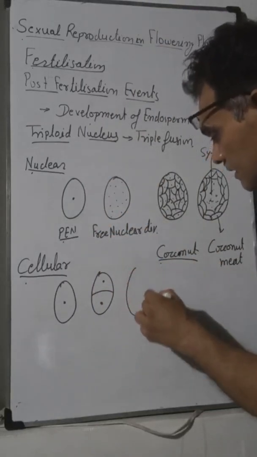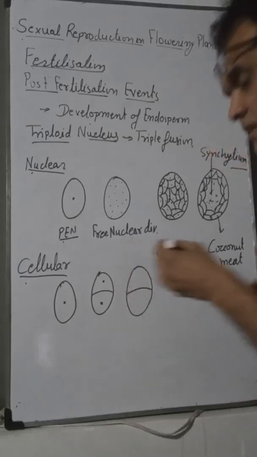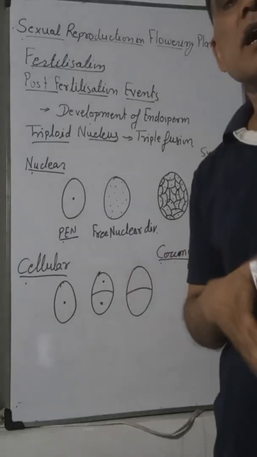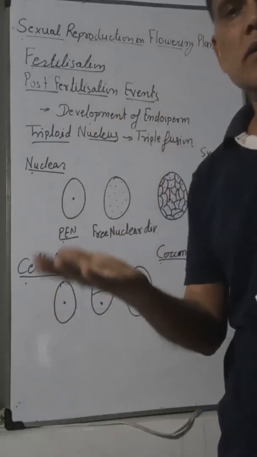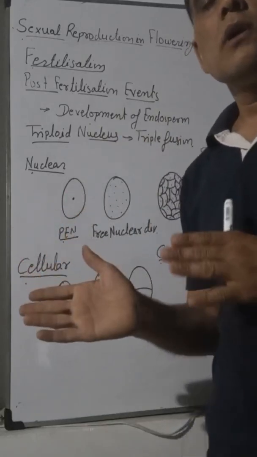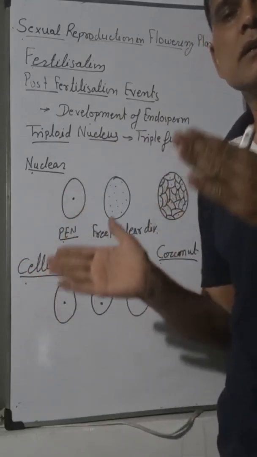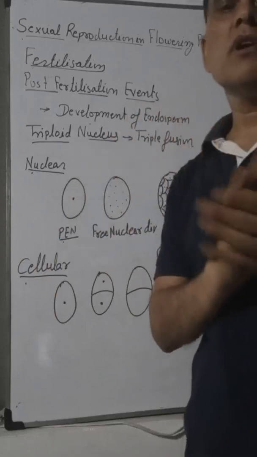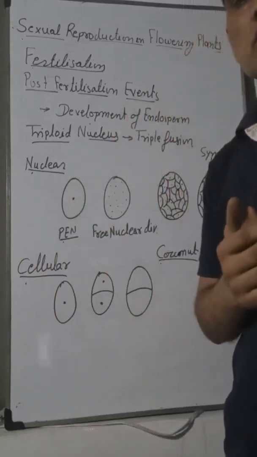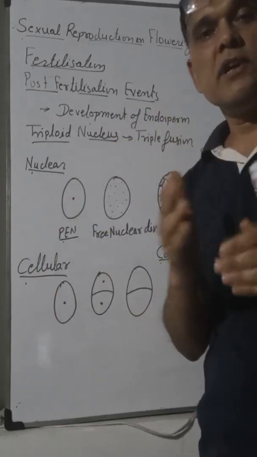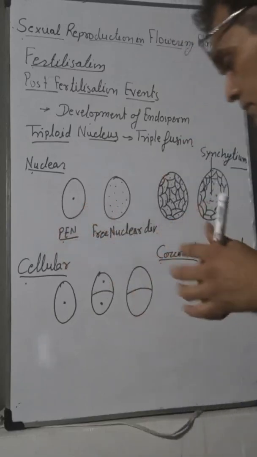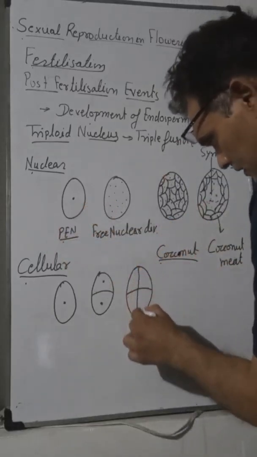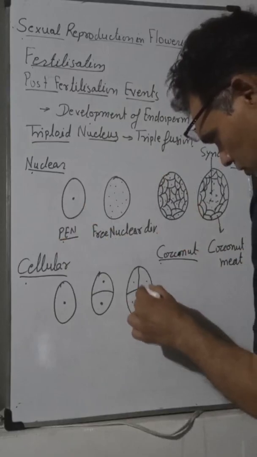First nuclear division occurs, after that wall formation occurs. So after nuclear division the cell wall is formed, and from the beginning it becomes cellular. Then the cells divide by vertical division and four cells form.